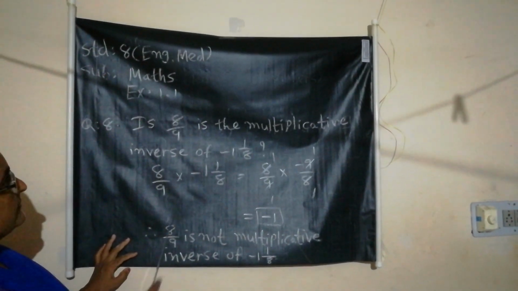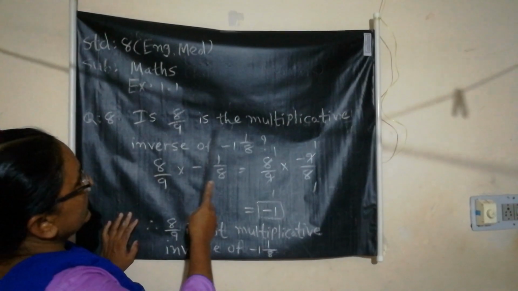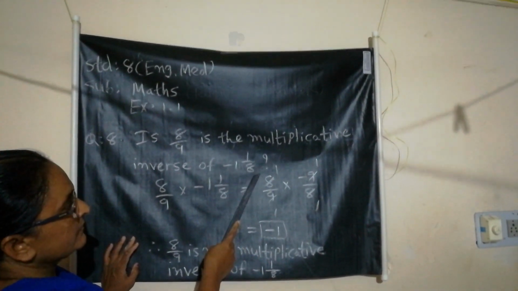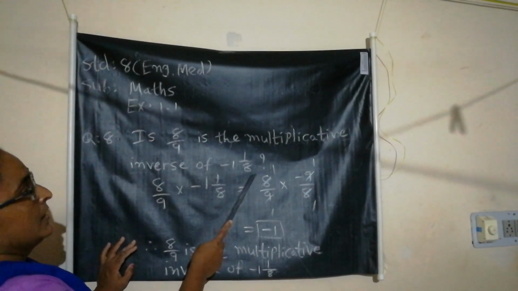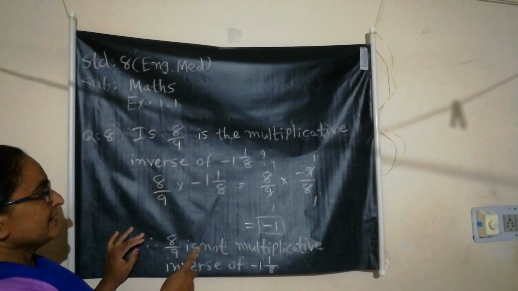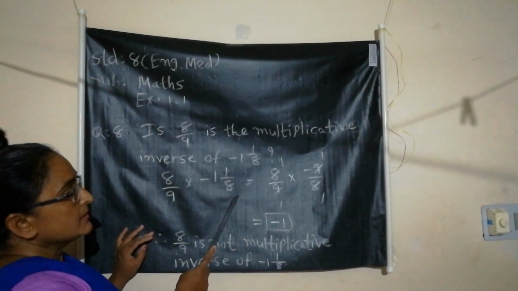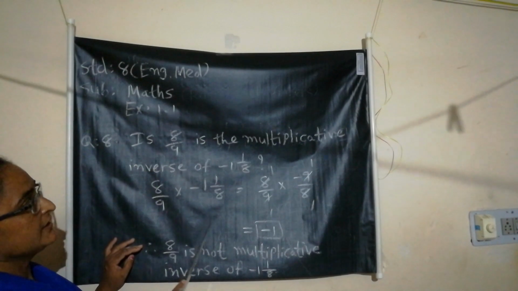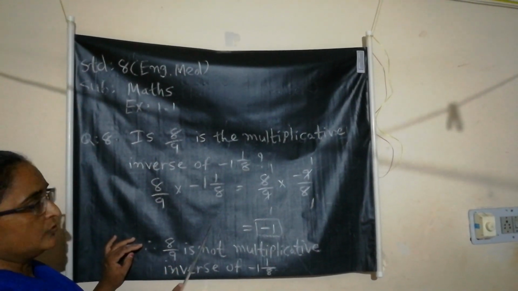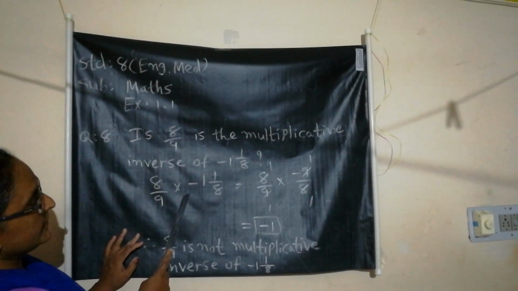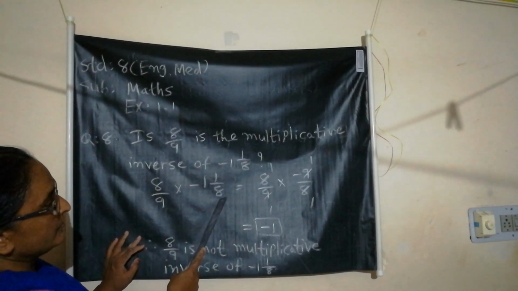Question number 8. Is 8 upon 9 the multiplicative inverse of negative 1 integer 1 upon 8? Friends, we already know that if the multiplication of two numbers is 1, then they are the multiplicative inverse of each other. Let's try. 8 upon 9 multiply negative 1 integer 1 upon 8.